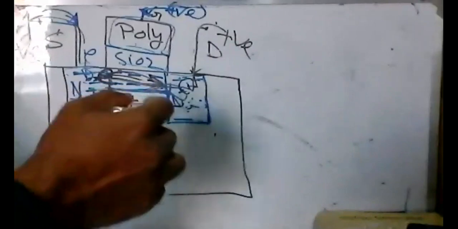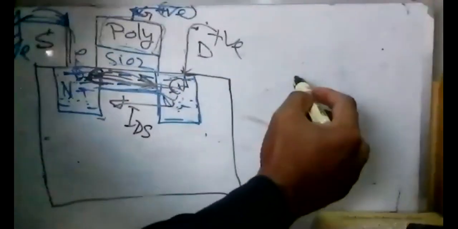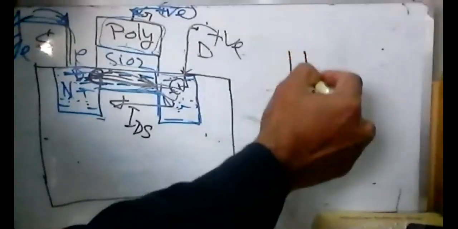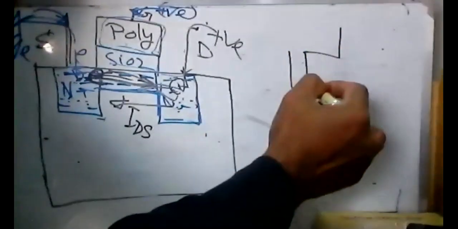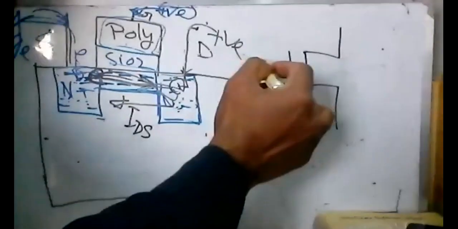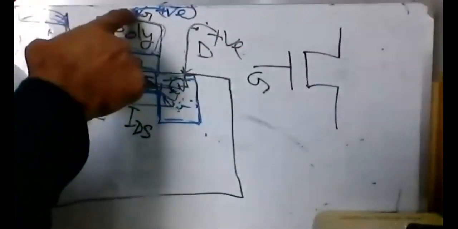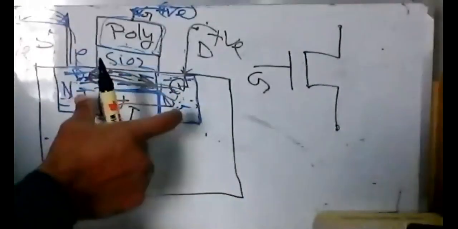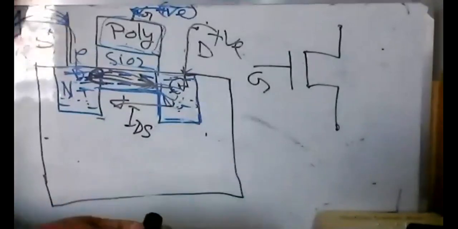Now if we look at the symbol, it is like this. This is the gate, and these two are the source and drain, both the same. You can consider either.